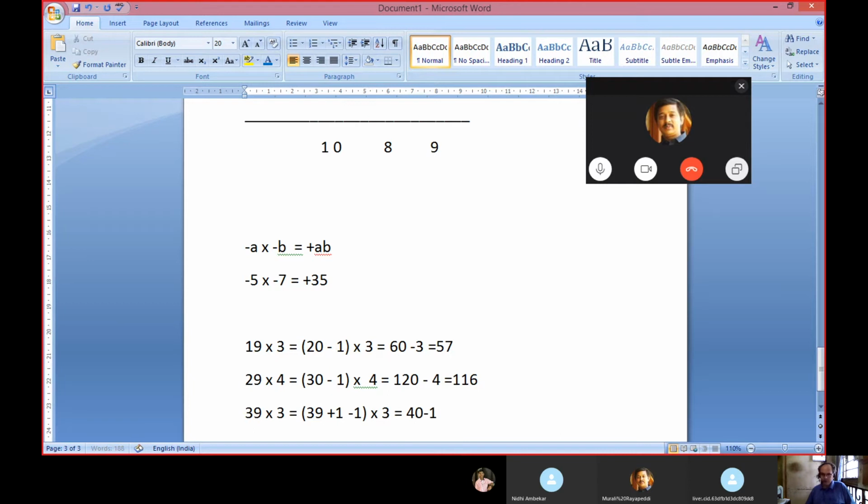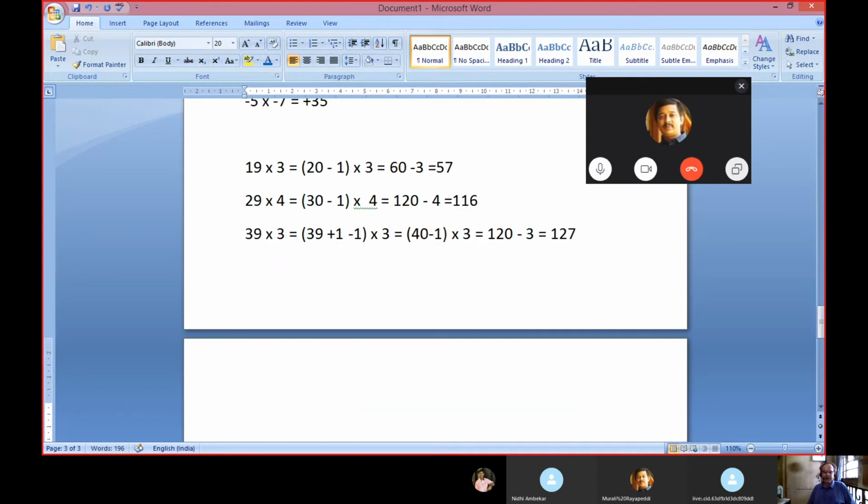So that is 120 minus 3, which gives 117.